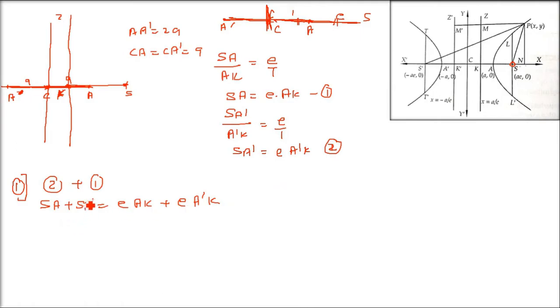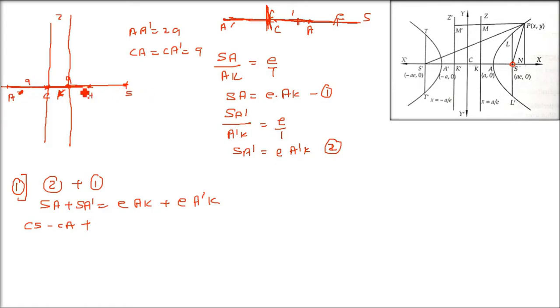Okay, now we have added these two. Now let us try to write SA and SA dash in a different manner. SA can be written as CS, and if you subtract CA from CS, you are going to get SA.